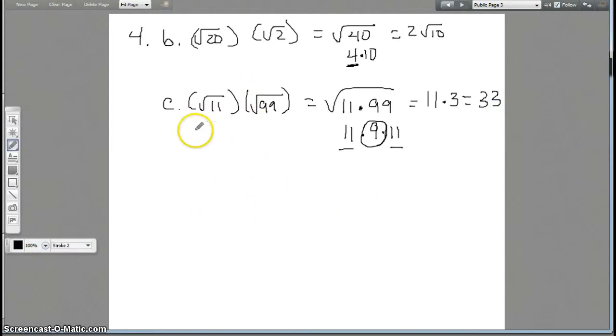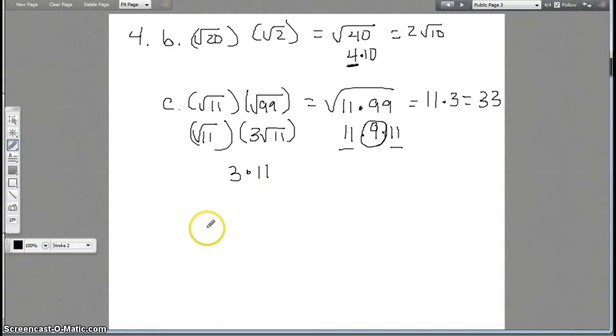Another way that we could have looked at this is as the square root of 11 times 3 times the square root of 11, because 99 is 9 times 11. 9 is a square factor. We can pull that out. Take the square root, it's 3, and we have an 11 left behind. And then what we can do is multiply our 3. And then when we multiply a square root 11 times a square root 11, we get an 11.